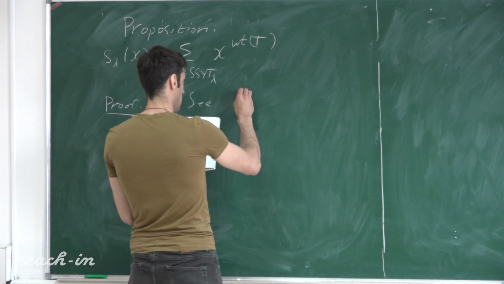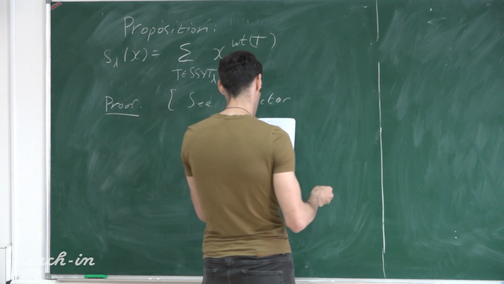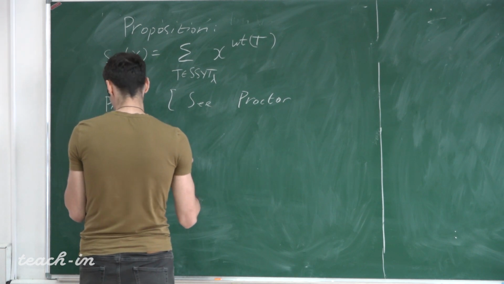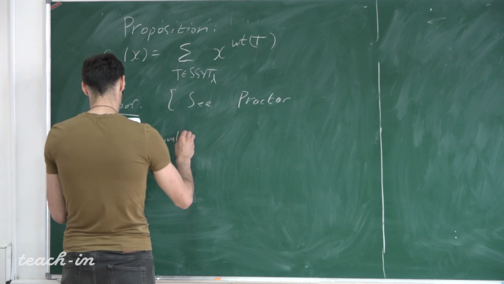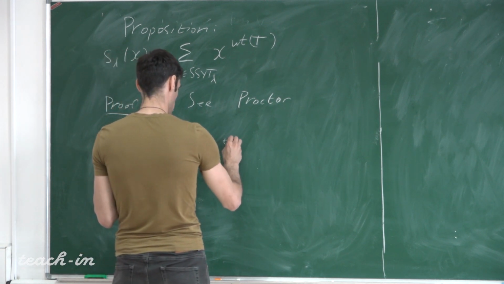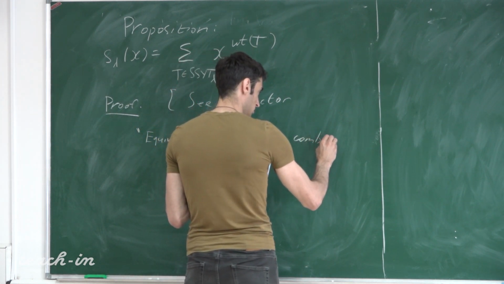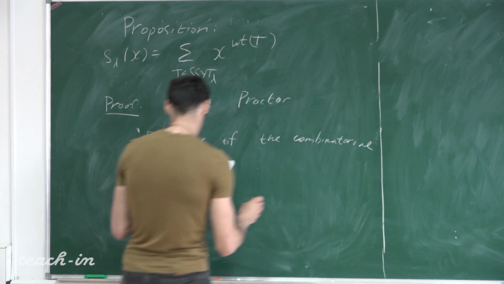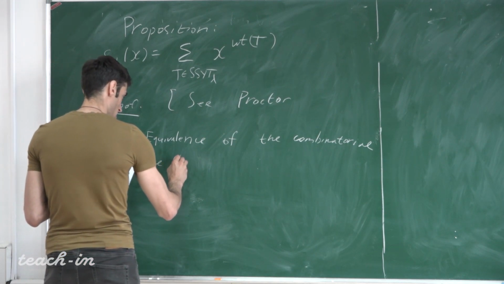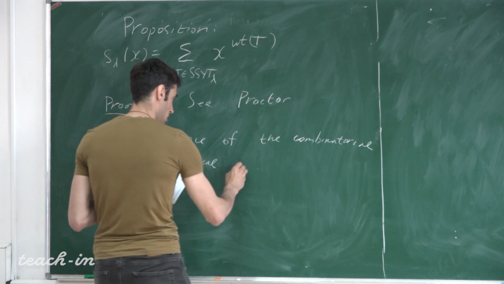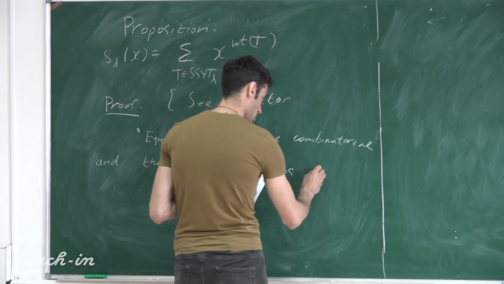So C. Proctor. Proctor is the name. An article, a note called "Equivalence of the combinatorial and the classical definitions of Schur functions."